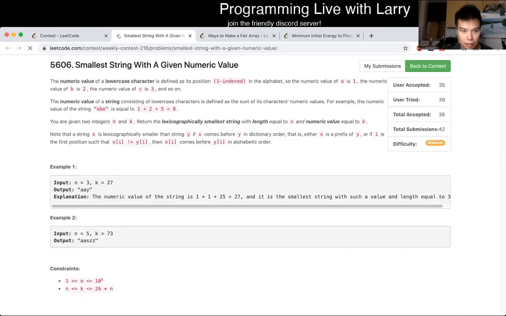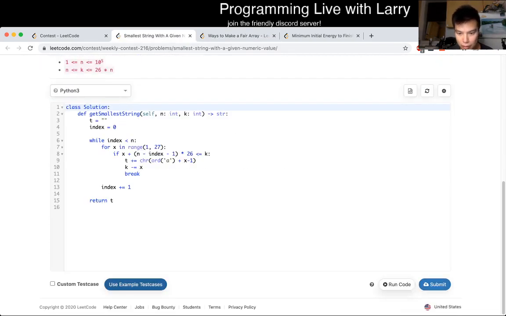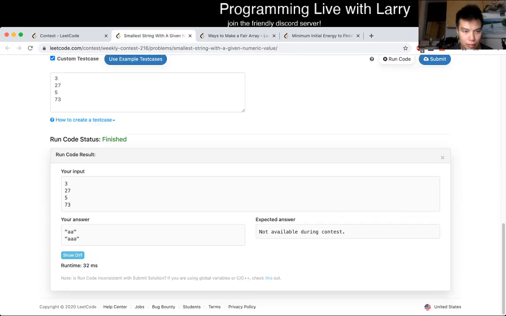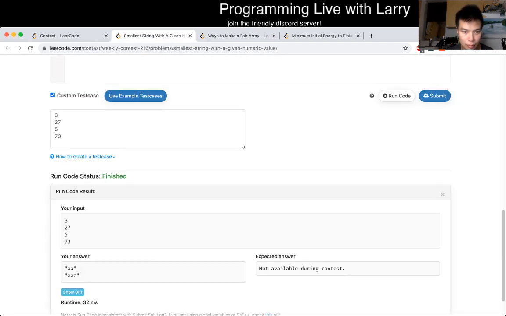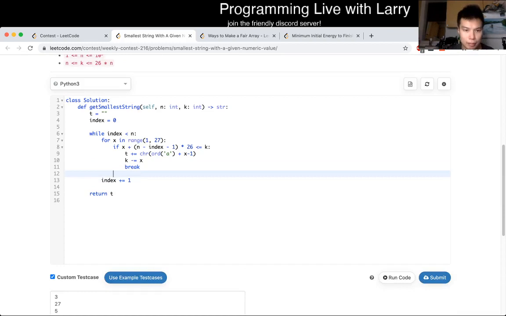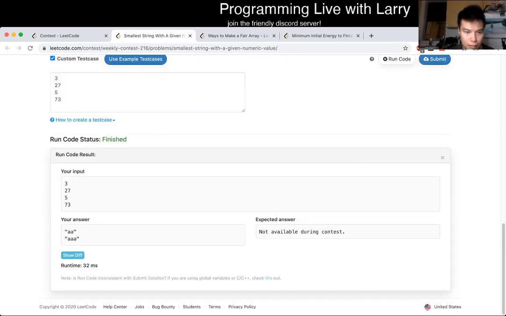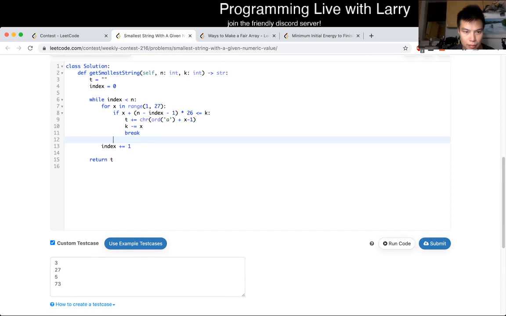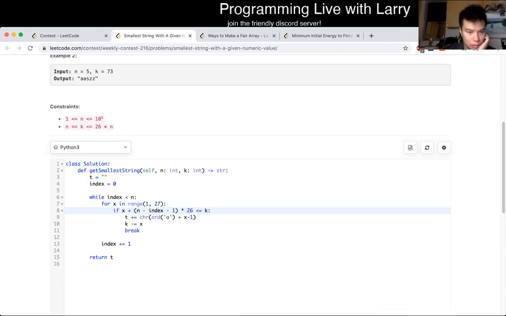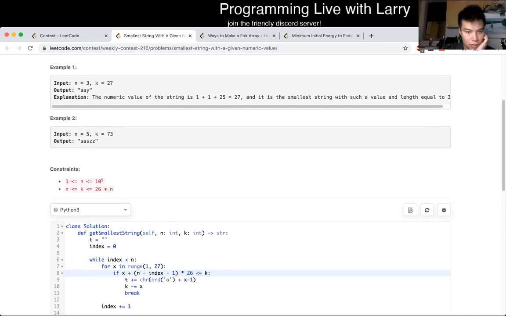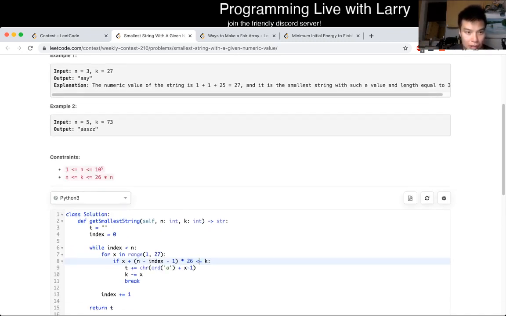There we go. This is not right. Basically, my math is really bad on this one.